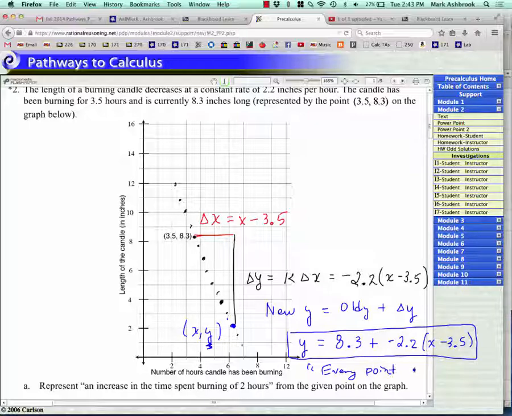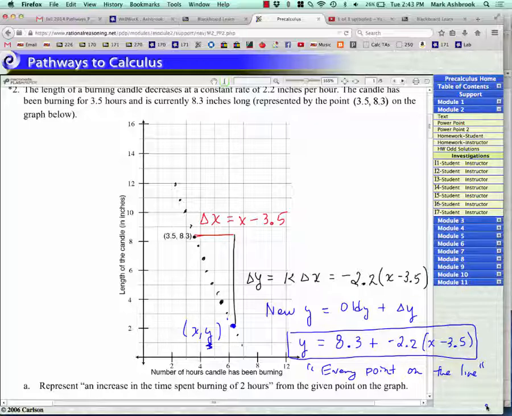Okay, don't pack up. You're doing one yourself. Every point on the line. The days of y equals mx plus b are over. If you want to use whatever you've learned in the past to make some comparisons and check, you're welcome to do that.